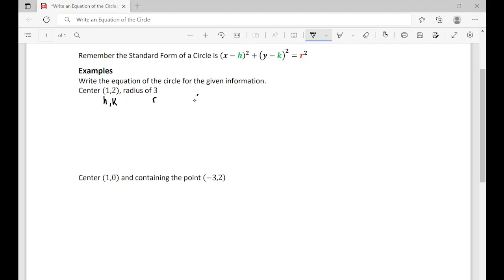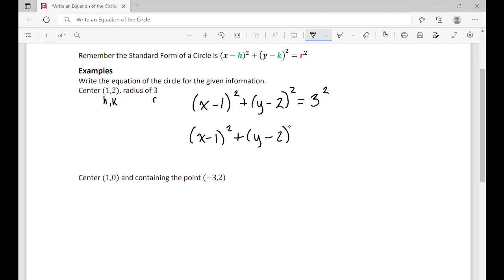So I'm going to have (x - 1)² + (y - 2)² = 3². And I can work out 3 squared and make that just a 9 instead. And this will be my equation of the circle.